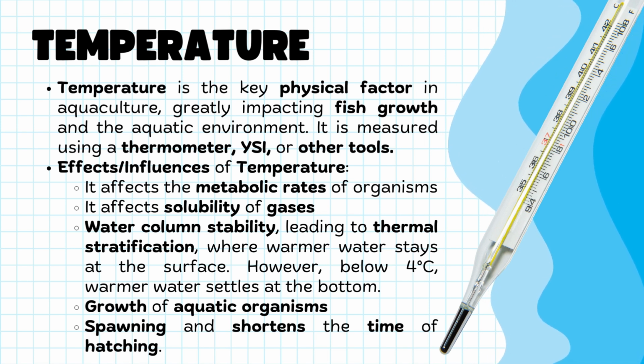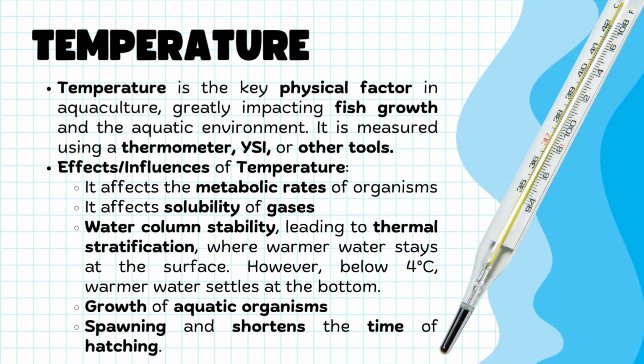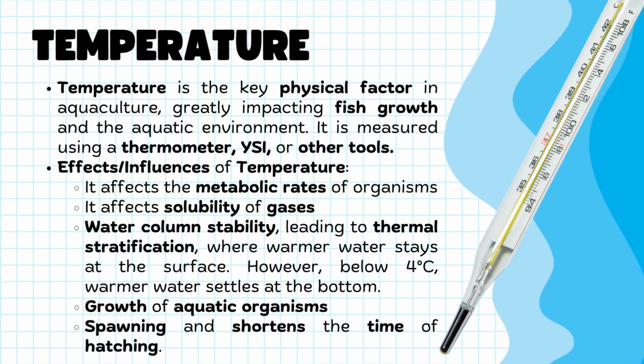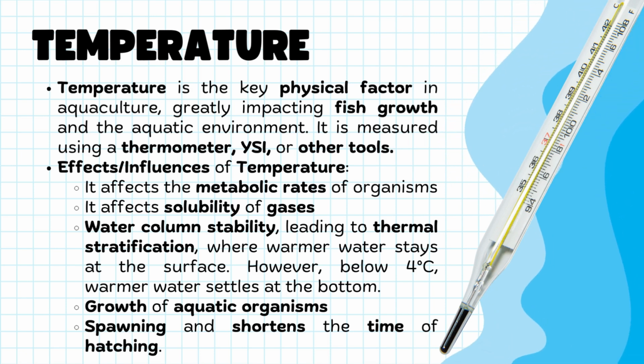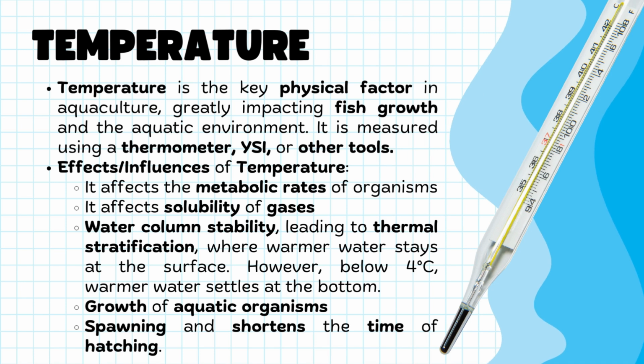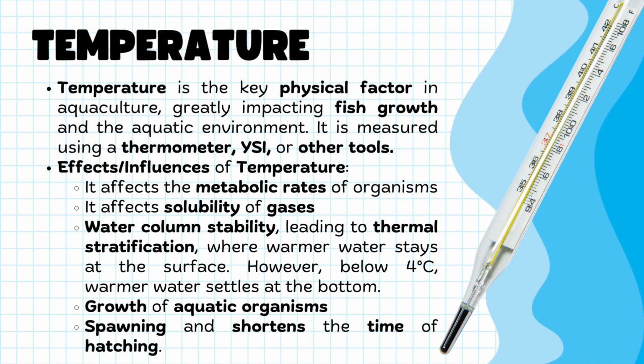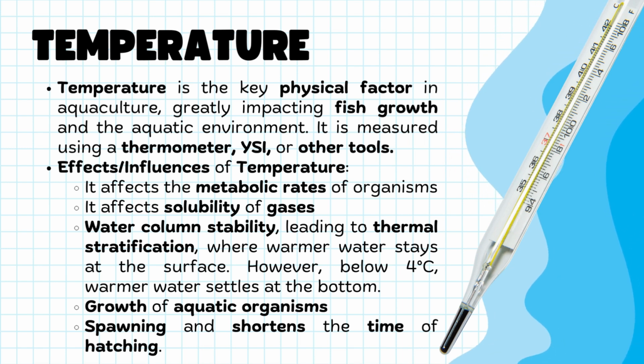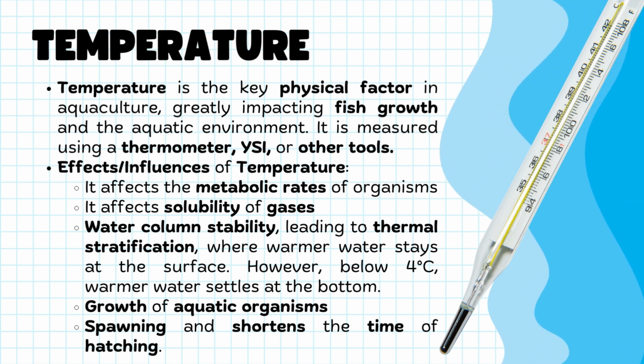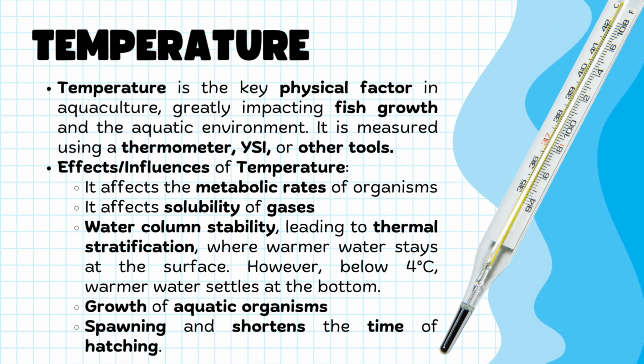Fish, plants, and shellfish all have an optimal temperature range for growth. For most species, the ideal range is 27 to 29 degrees Celsius, and within this range, growth is fast and efficient. Temperature also controls reproduction, and in species like tilapia, spawning happens faster at 29 to 31 degrees Celsius.